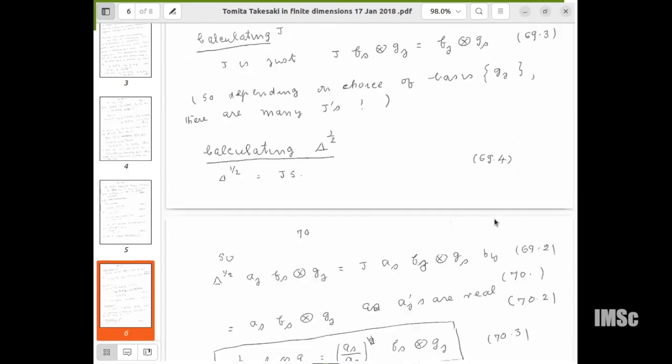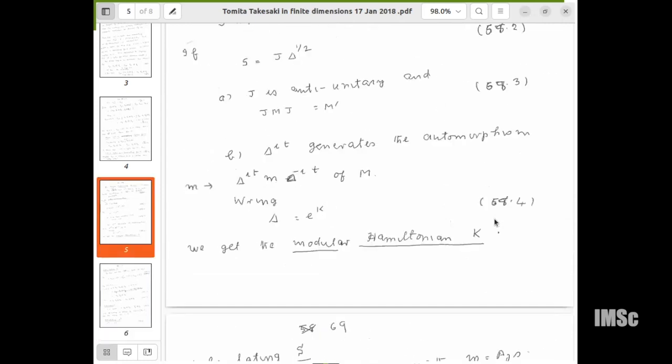So I want to calculate delta to the power of half. Remember that S was like this, and I have given a formula for J, and I want to compute delta to the power of half. But J is an anti-unitary involution, so J squared is 1. The definition also says J squared is 1.